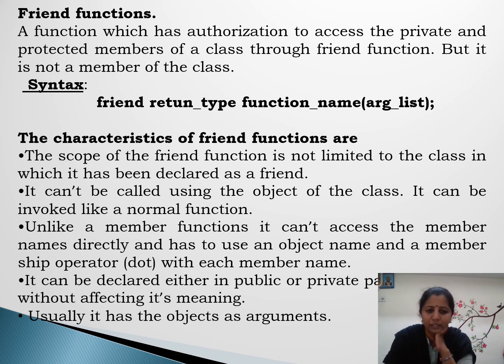What is the syntax? Friend, return type, function name, argument list, termination. The body is defined outside without friend. So termination is compulsory here.